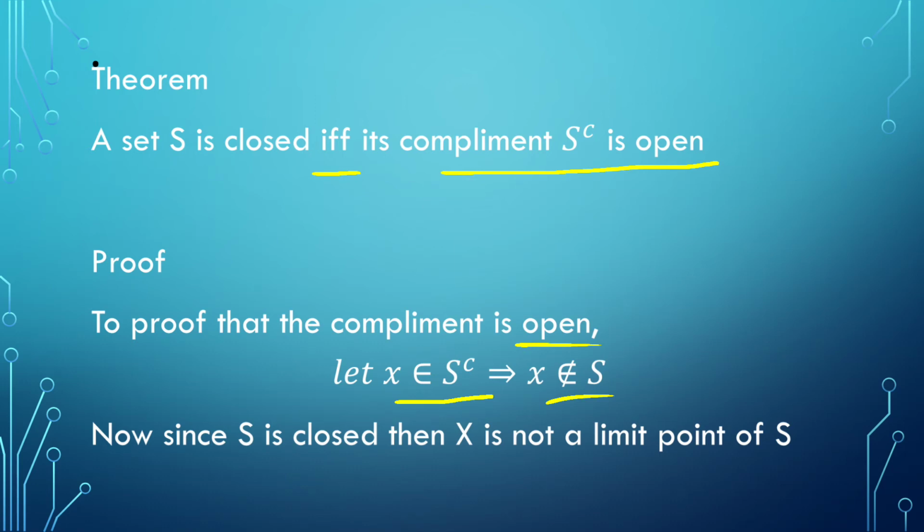Now since S is closed, because already you've seen that set S is closed, you know from the theory that x is not a limit point of S. Do you know the meaning of being closed by the definition of a closed set?